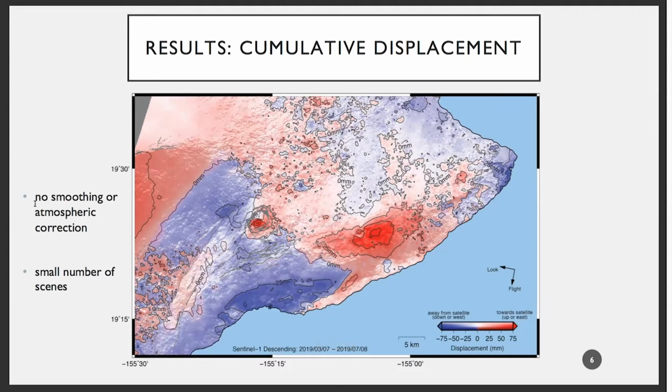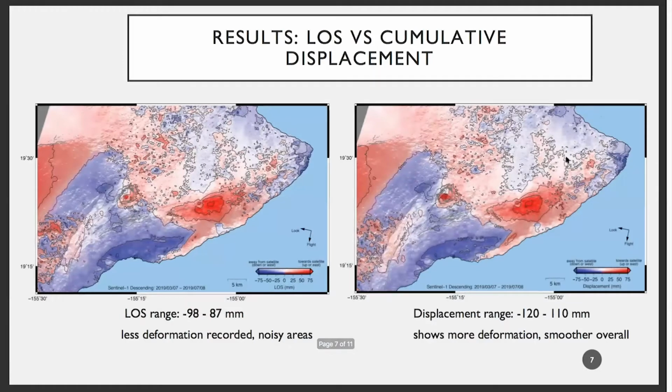Okay, so then this is now the time series result, which gives the cumulative displacement. If you look at them side by side, you can see that they look similar, but they're not the exact same.